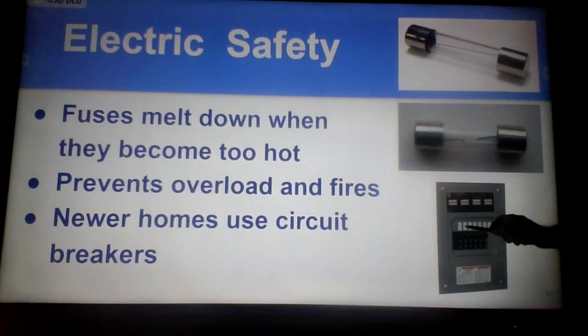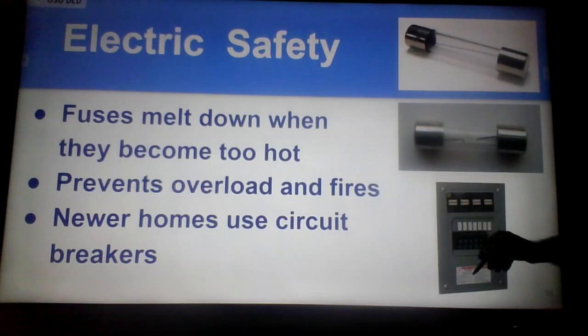If too much electricity goes through, maybe this says dining room, goes through the dining room, then this switch will trip, which means turn off. It's annoying. Go out there, turn that thing back on, and all is good. But if the same switches, same breakers keep tripping and turning off, there's a much more serious problem that you need professional attention on. So these are just a few ways to practice electricity safety.